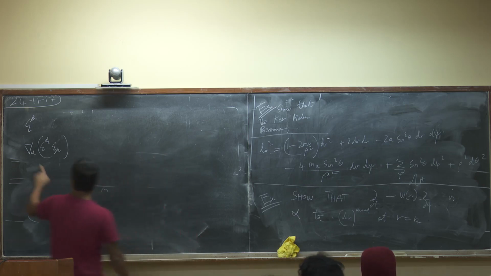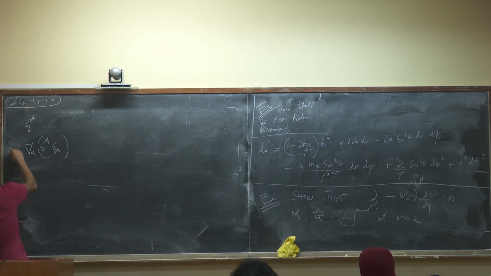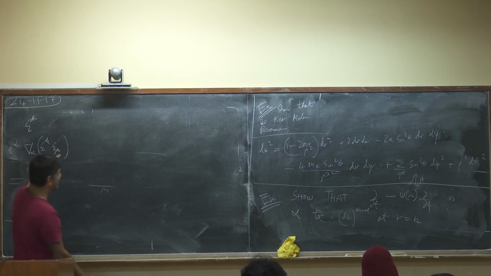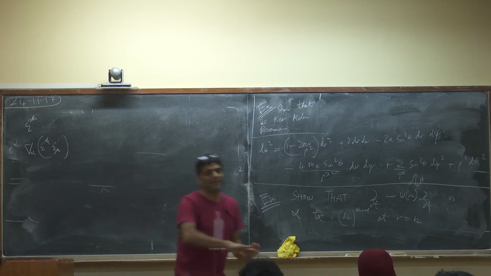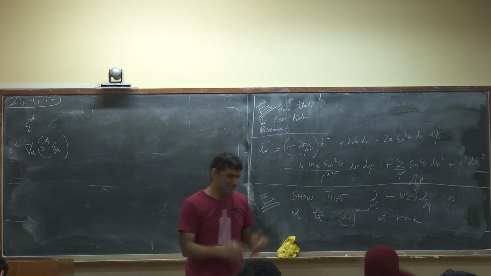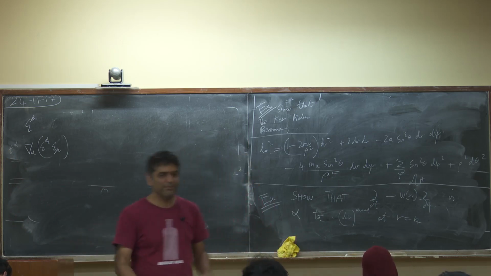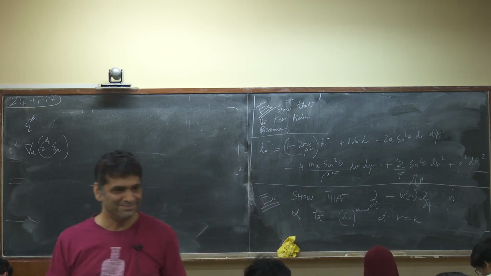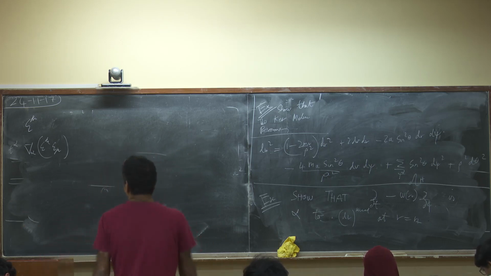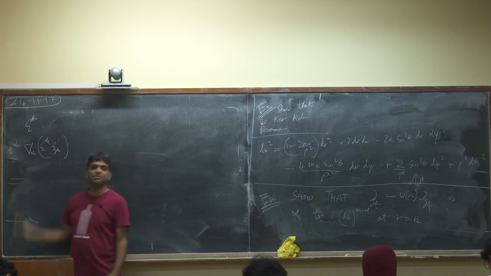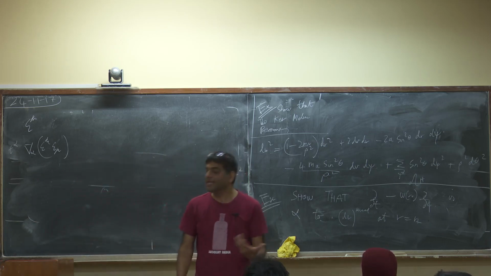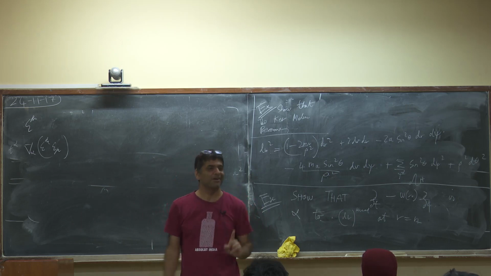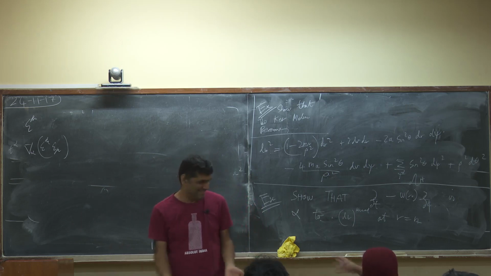But what I do know is that if I evaluate this at the event horizon and dot it with any tangent vector along the event horizon, then I get 0, because along the event horizon it's just 0. We're differentiating 0. So what does this mean? What vector has the property that when dotted with any tangent vector on the event horizon it gives zero? That will be the normal, which is itself the generator of the event horizon.